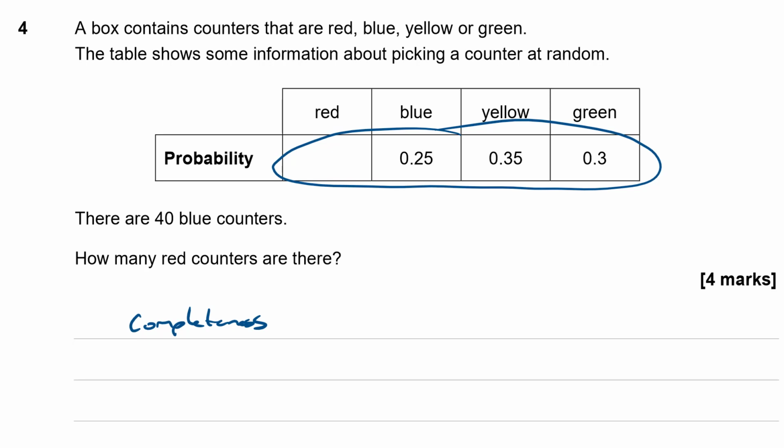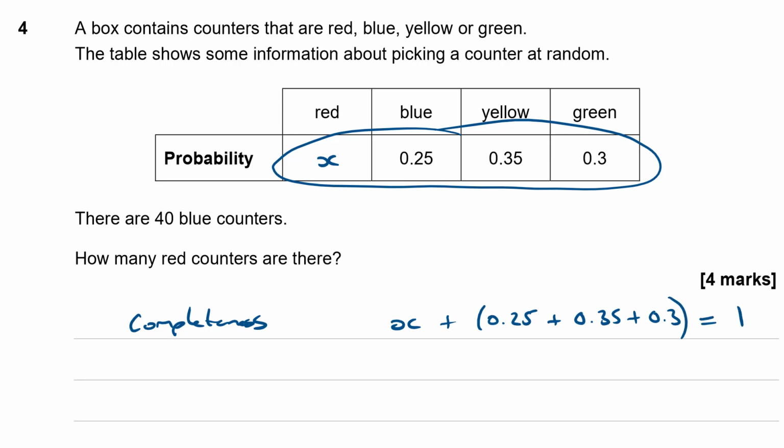So because of the rule of completeness, let's call the probability for red x, then all those 4 numbers, x plus 0.25 plus 0.35 plus 0.3 should add up to 1.